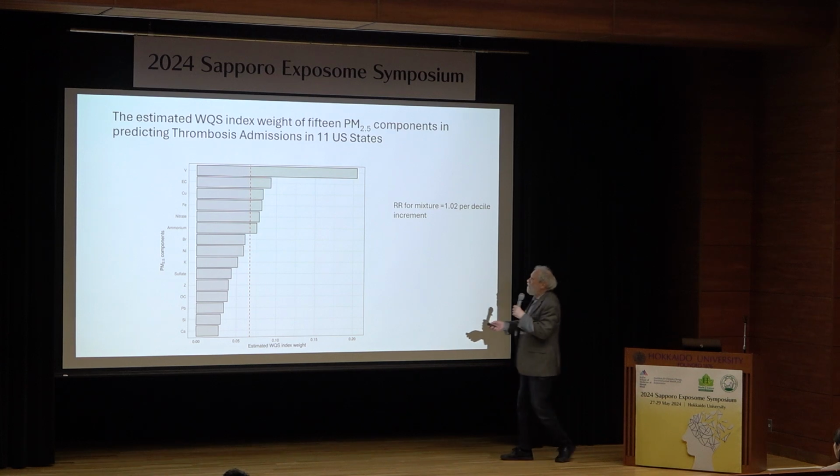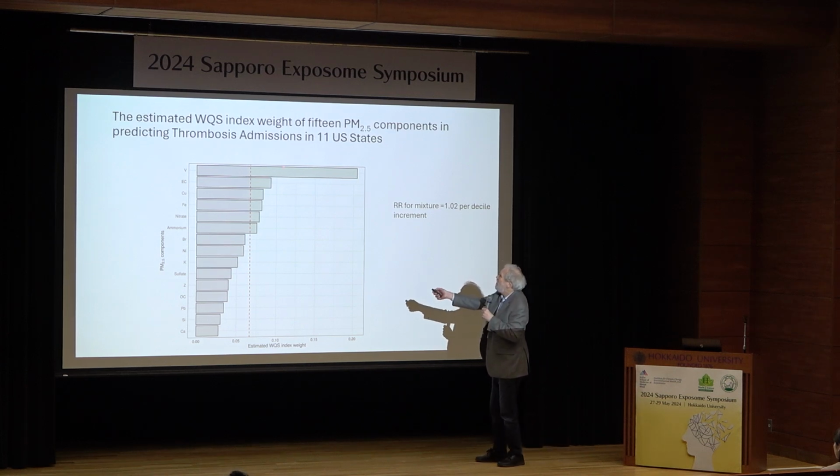If I look at the relative weights, so vanadium and elemental carbon seem to be the most important, and then copper and iron are showing up, and copper and iron are non-tailpipe pollutants from traffic, and EC is a tailpipe pollutant.